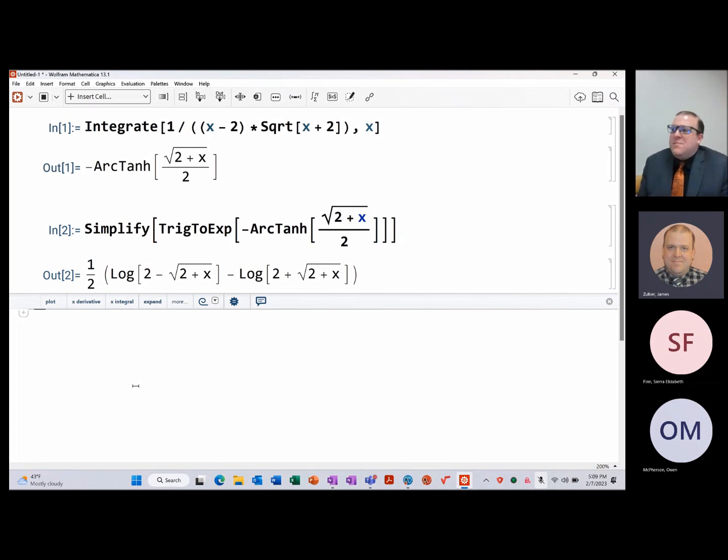Yes, Mathematica uses log as the natural log. Log 10 and natural log are completely different, but Mathematica always uses natural log. It'll specify if it's a different base.